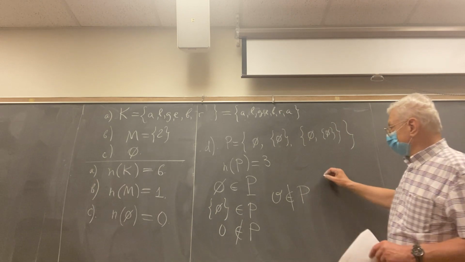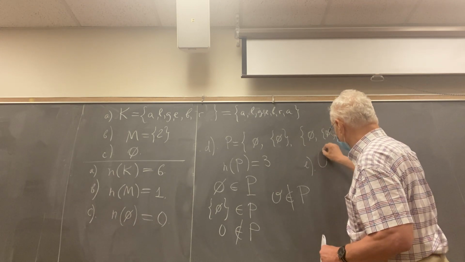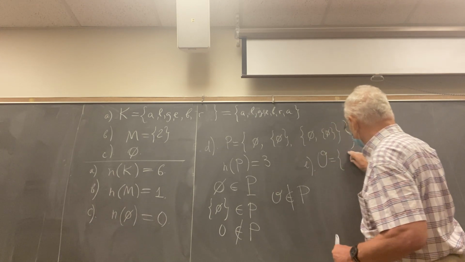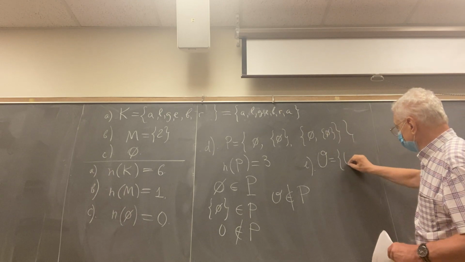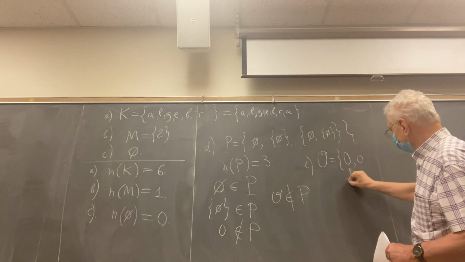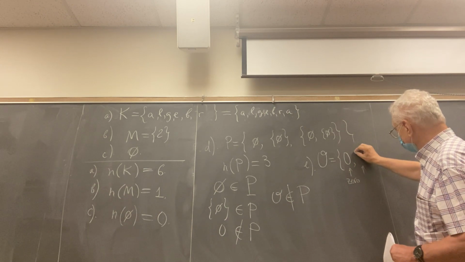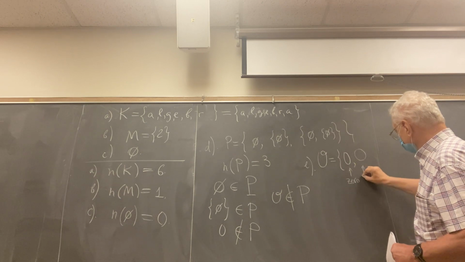Okay, let's consider the set, call it O, which consists of the elements 0 and the letter O. This one is 0, and this is the letter O, of the same size maybe.